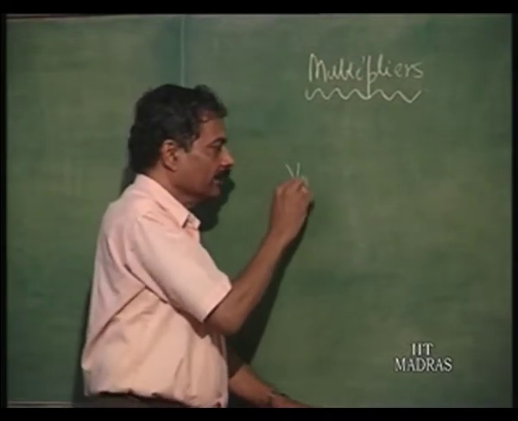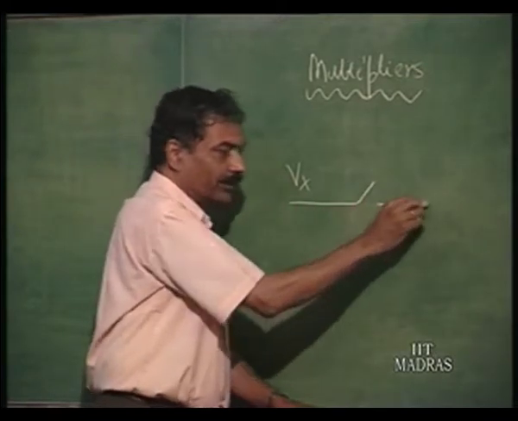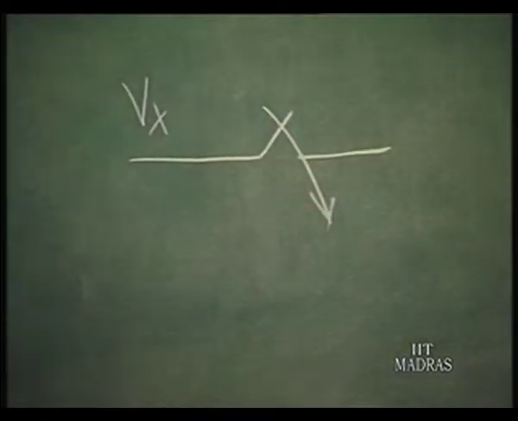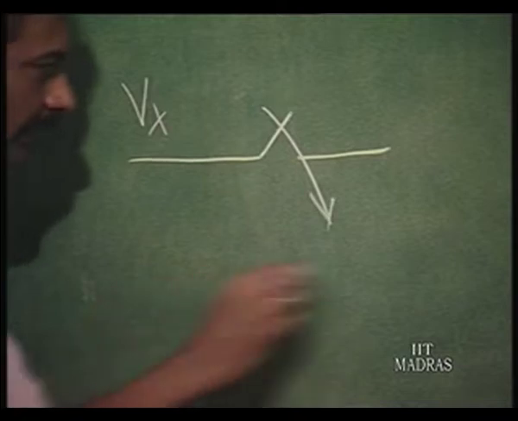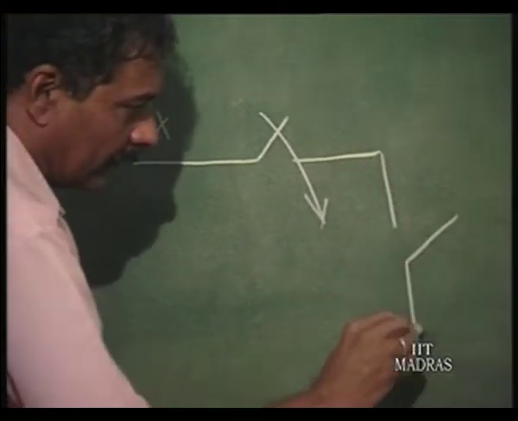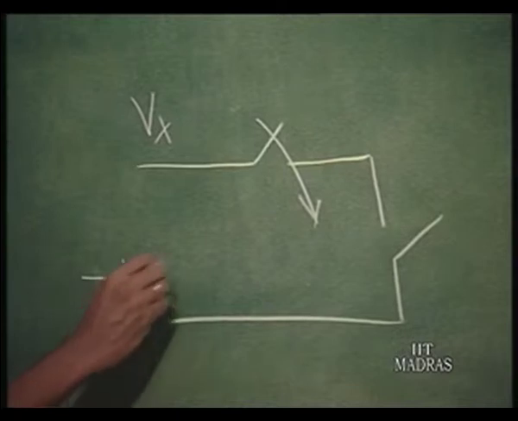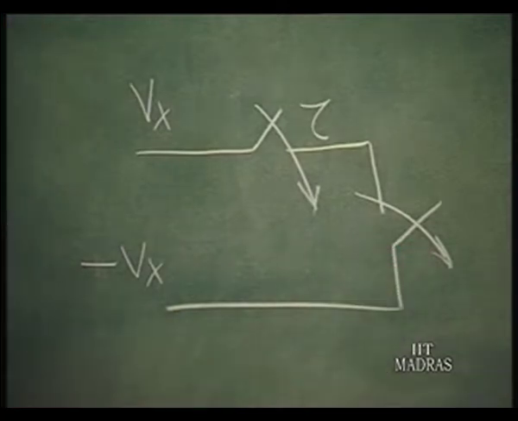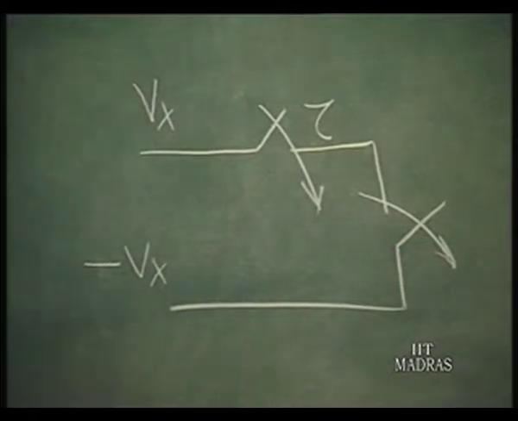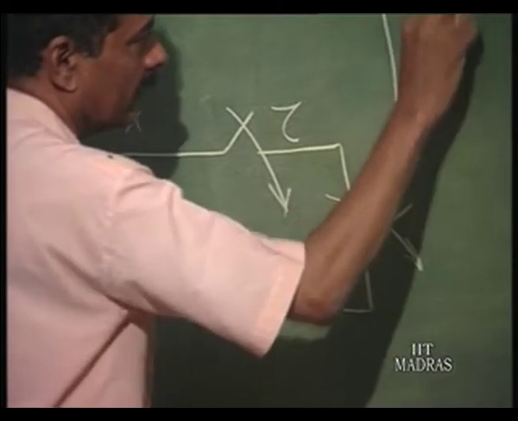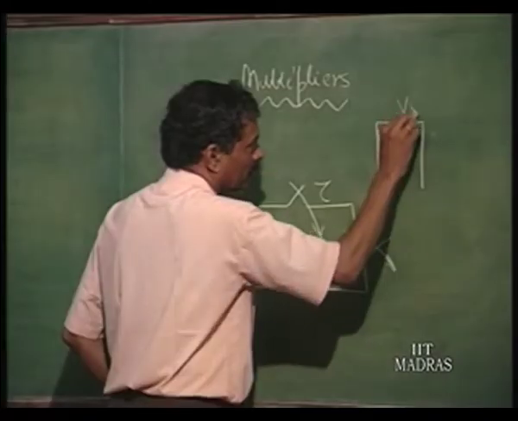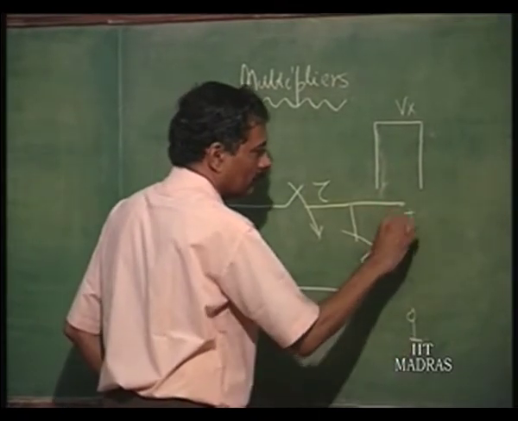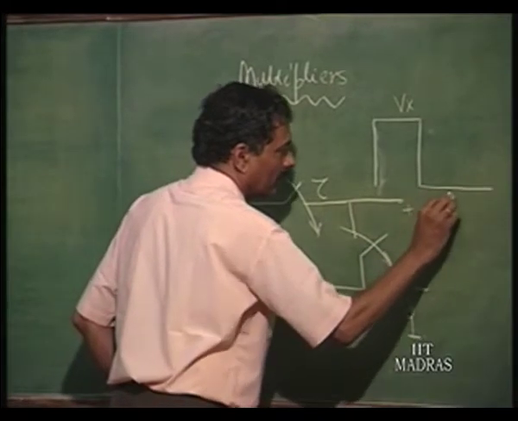If you have Vx and a switch, and this switch is operated periodically, connected to plus Vx for tau and connected to minus Vx for T minus tau. So, the waveform is like this: Vx and minus Vx.